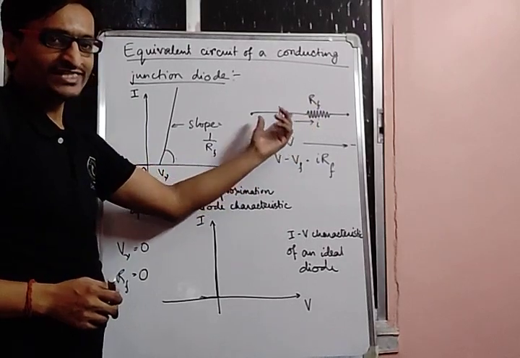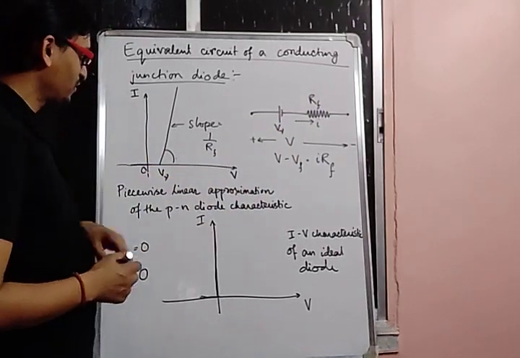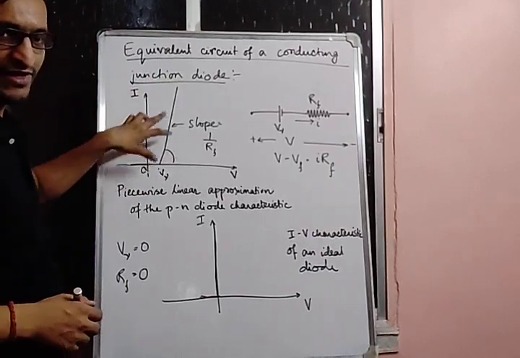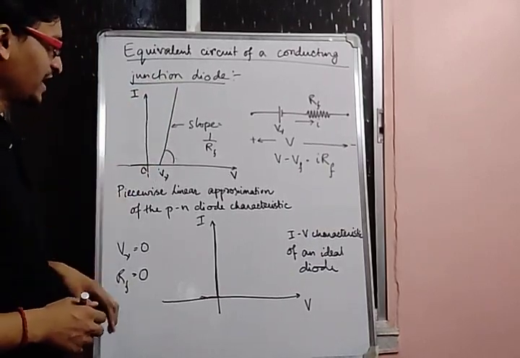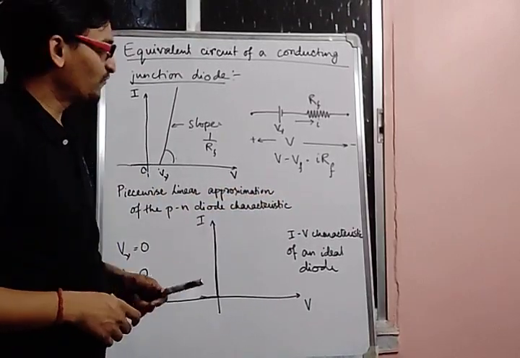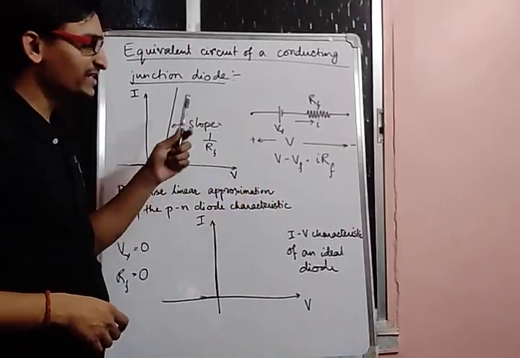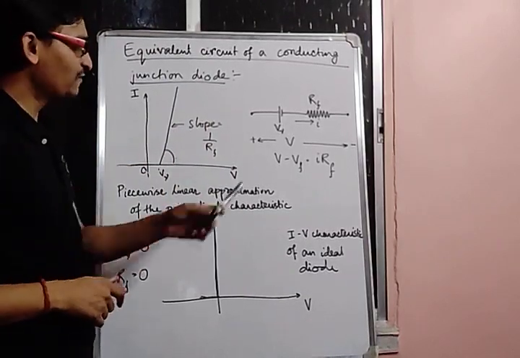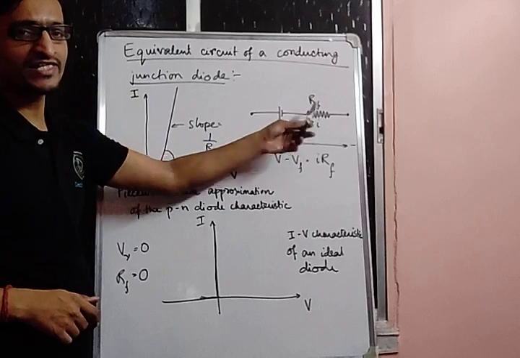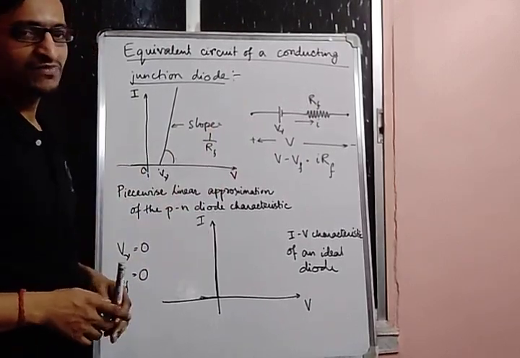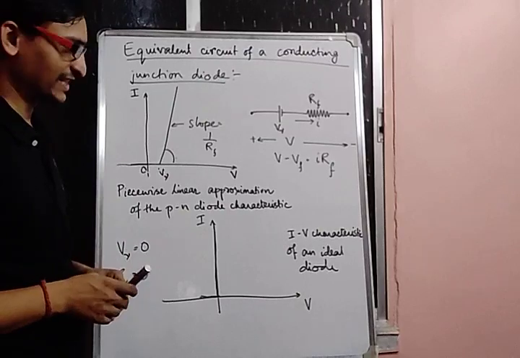For a voltage greater than V gamma, if I write down the equation of this particular straight line, we get an equation somewhat like this. From there I can approximate the circuit of this diode by a voltage source in series with a resistance RF, which is the diode forward resistance.